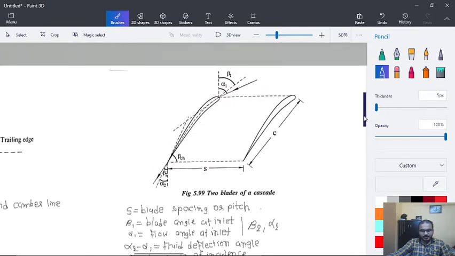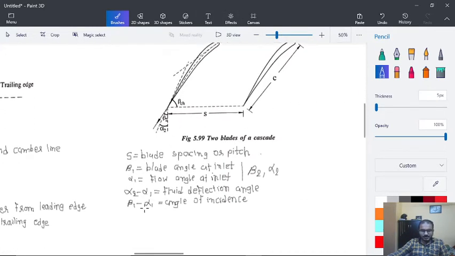It can be seen from the figure that the difference between beta 1 and alpha 1 is the incidence angle, that is this one. And when we take the difference between alpha 2 and alpha 1, it gives us the fluid deflection angle. The meaning is that it is a difference between two flow angles. So it says how much the fluid is being deflected when it passes through this blade.